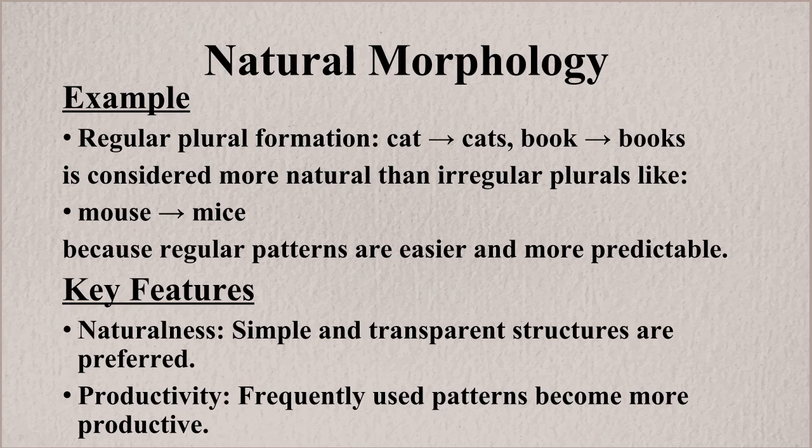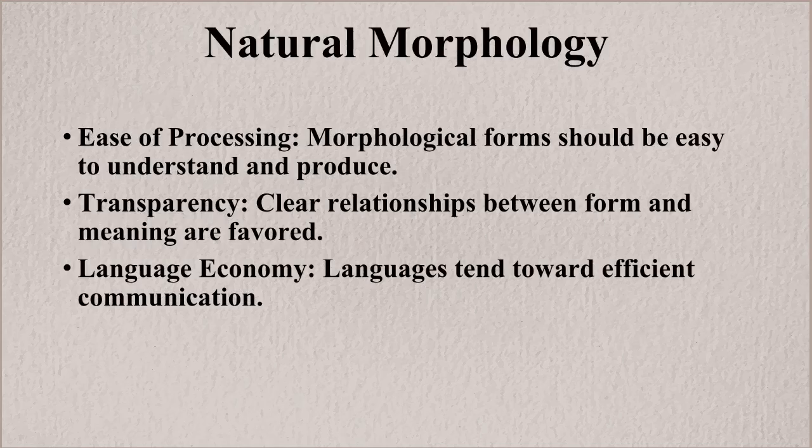Naturalness refers to the preference for clear, simple, and transparent linguistic structures that are easier for speakers to understand and use in natural morphology. Productivity means that patterns used more frequently in language tend to become stronger and more widely applied in forming new words in natural morphology. Ease of processing means that morphological forms should not be difficult for speakers to recognize, understand, or produce in real communication.